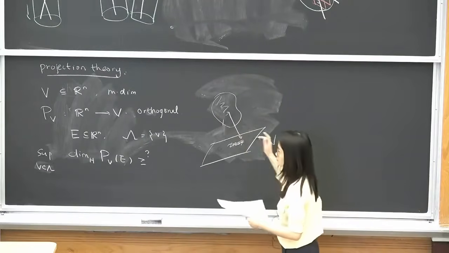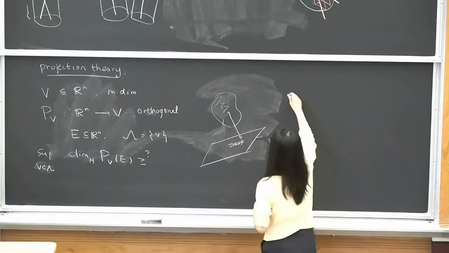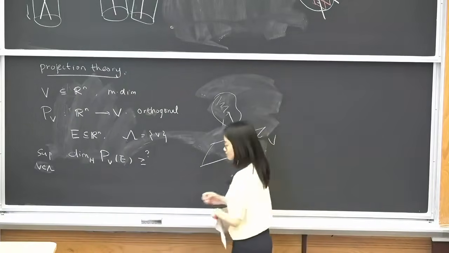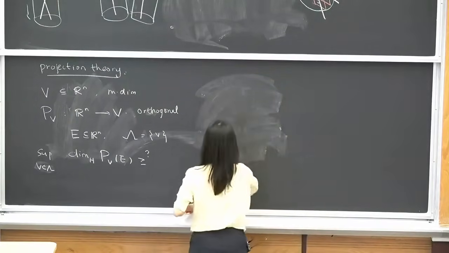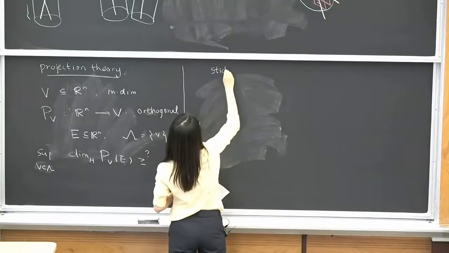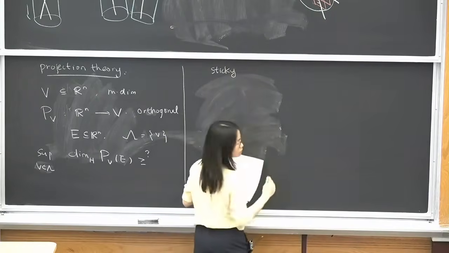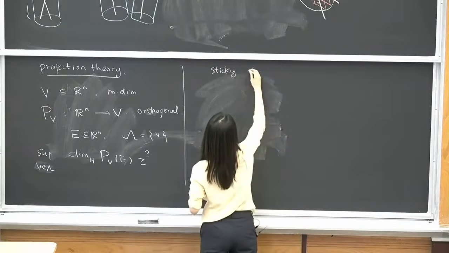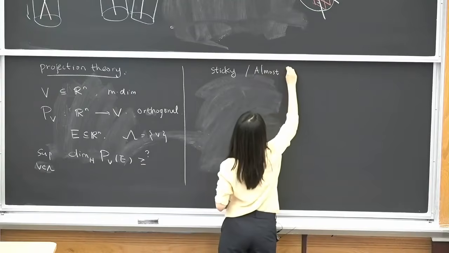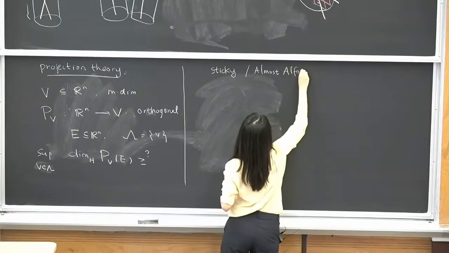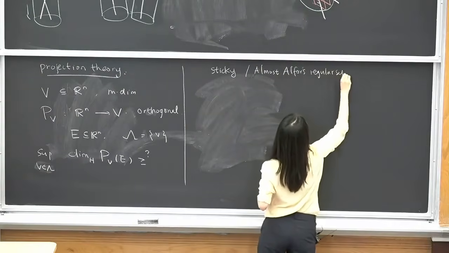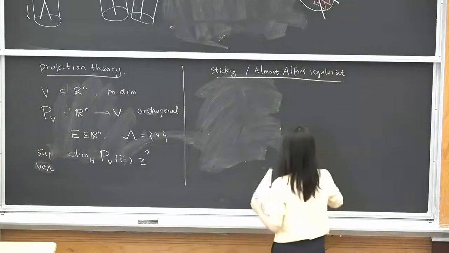And then for the past few years, the study of projection theory has the following common thing. Let me erase this picture. We first study the problem for a special class of sets that's called sticky sets, also related to almost alpha-regular sets.